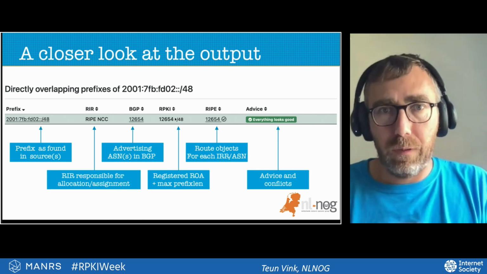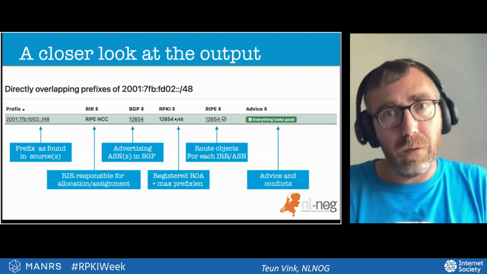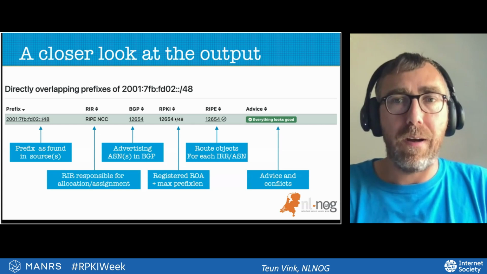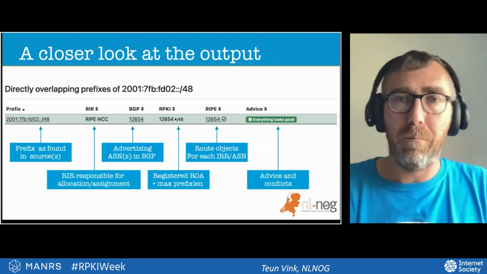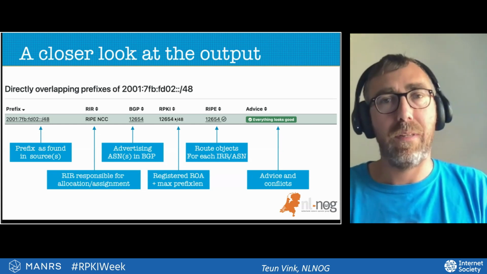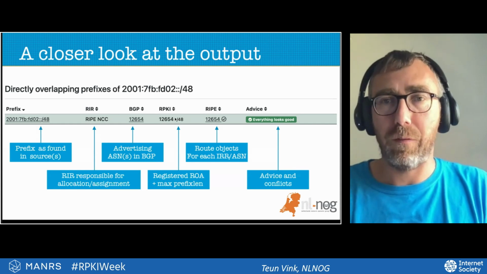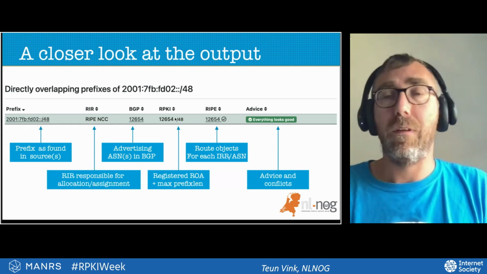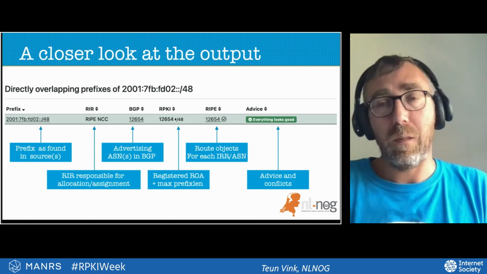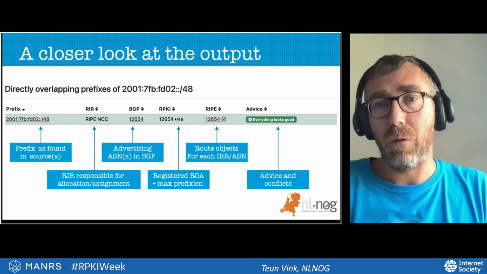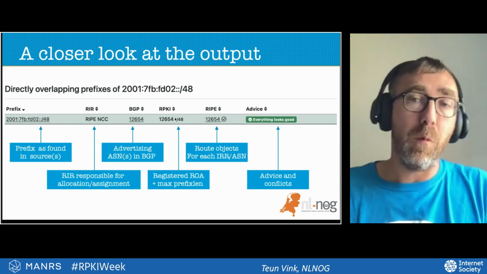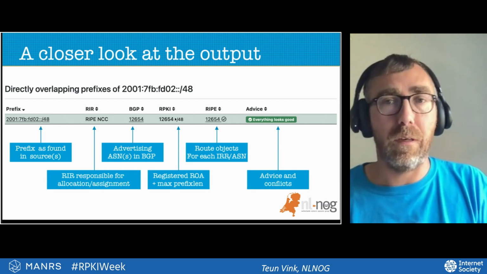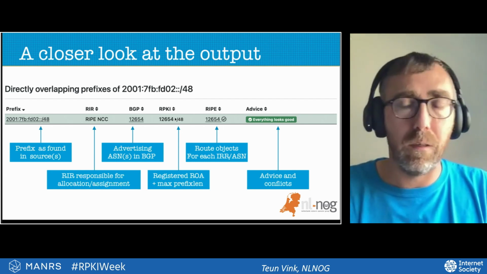This shows in a pretty condensed way everything we can find. The right column, in this case, shows that this specific prefix is found in the RIPE database. If there is a route object in another database, for example, in LDB or RADB, you see more than one column, one for each individual IRR.